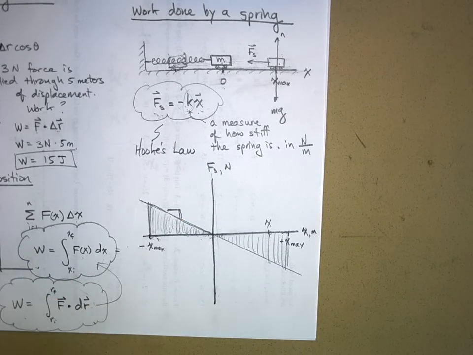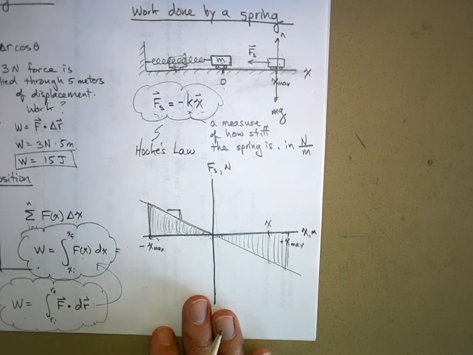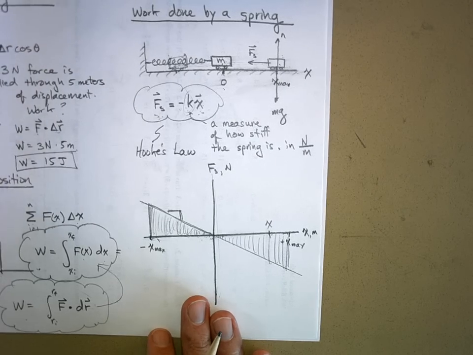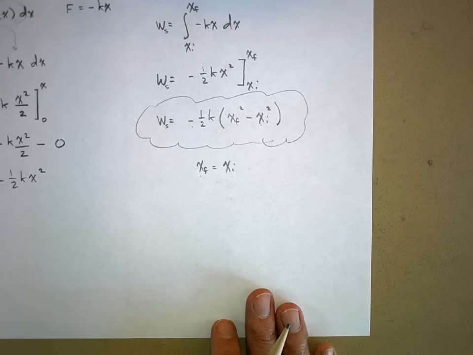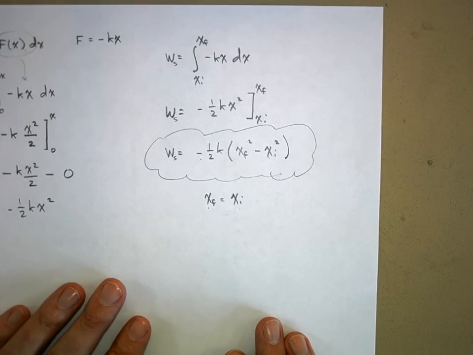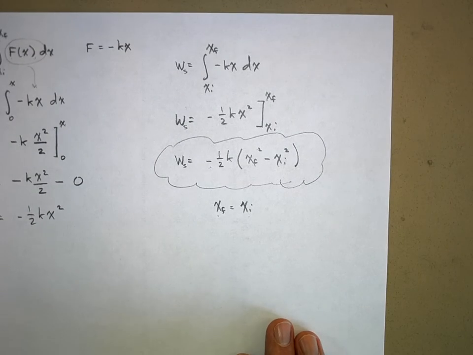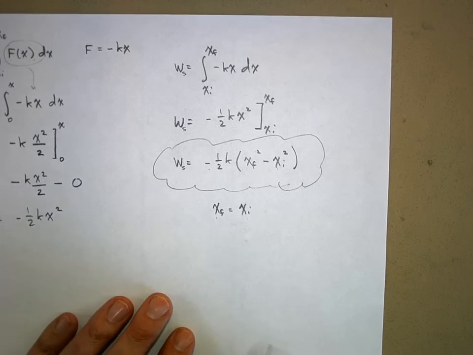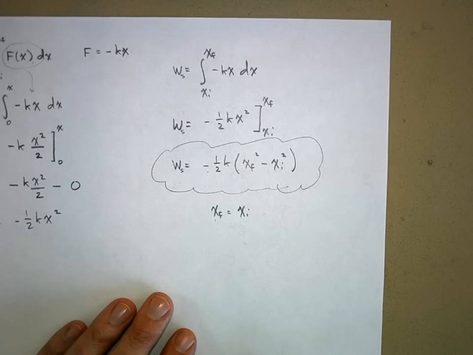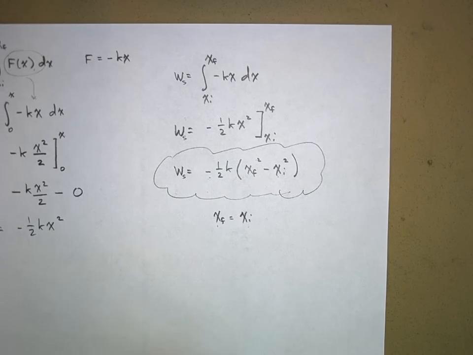And then finally we can use that integral definition of work to determine the work done by a spring. Okay. I think that should be enough to get you started.